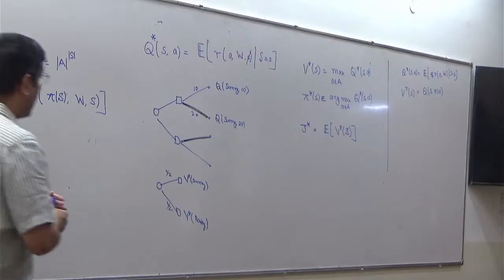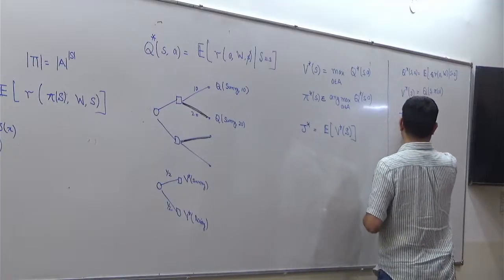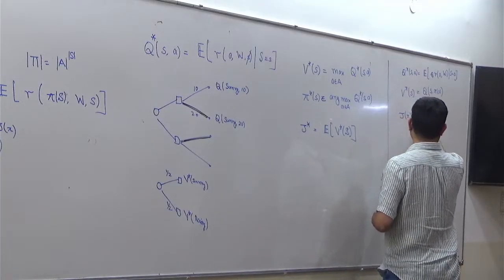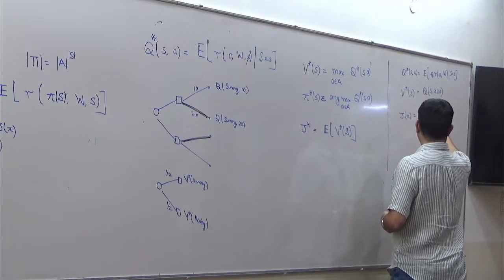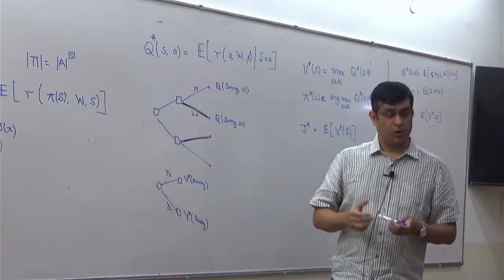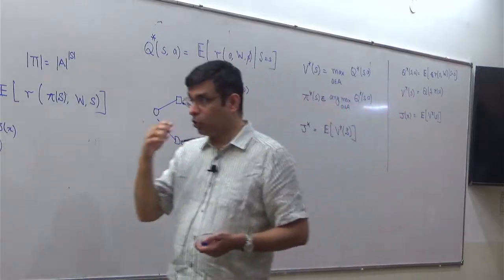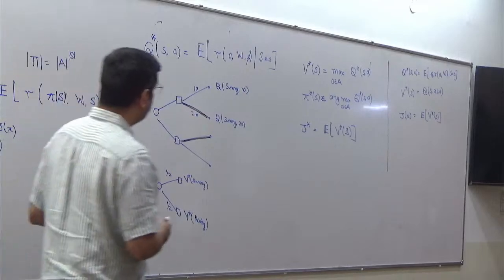Okay? And the last step is going to be the same. J of pi is going to be the expectation of V pi of S.